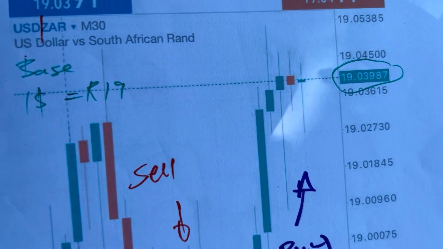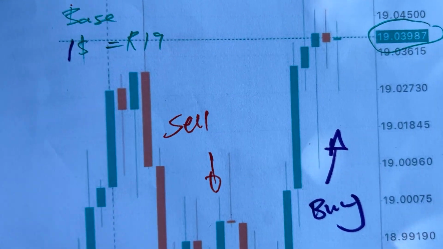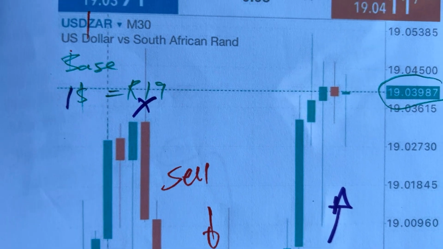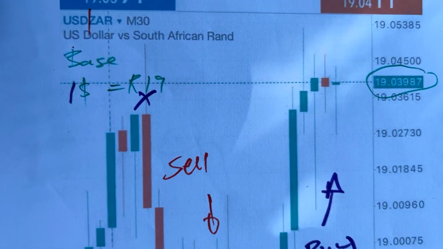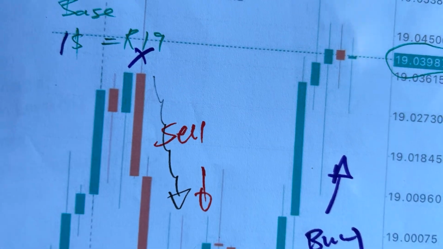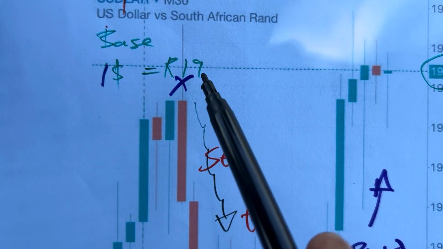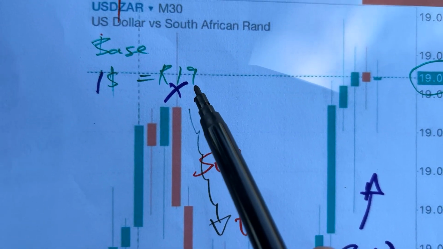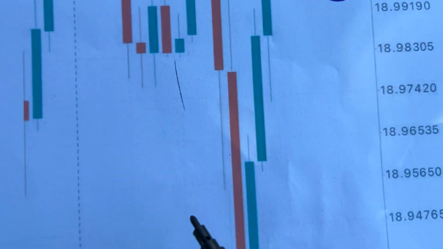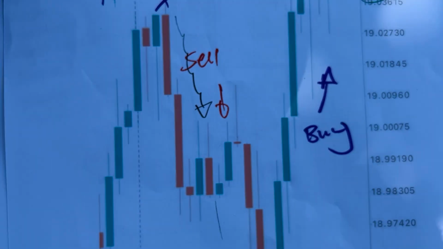Now, $1 is equal to this price. The graph at the moment is at this peak, and now the graph is going down. That simply means the $1 is losing power from where it was at 19. Now it's no longer 19, it moves down, and down.